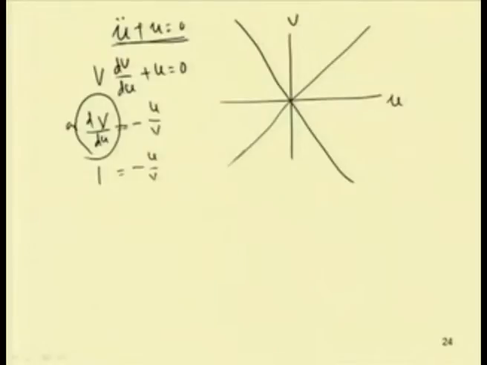So, in this method one has to draw several lines, and this represents v equal to 0, or dv by du equal to infinity.